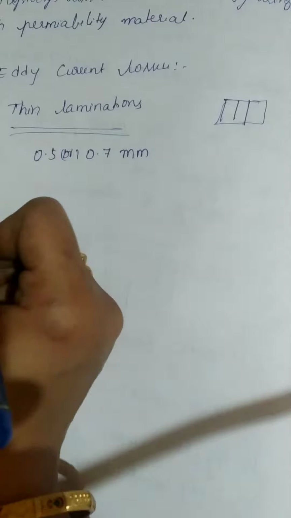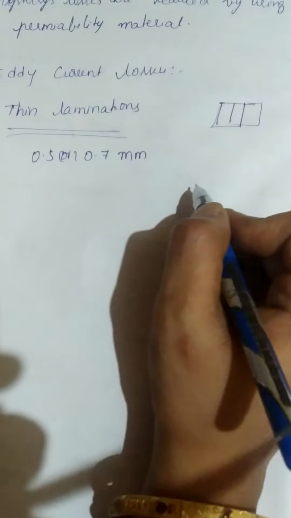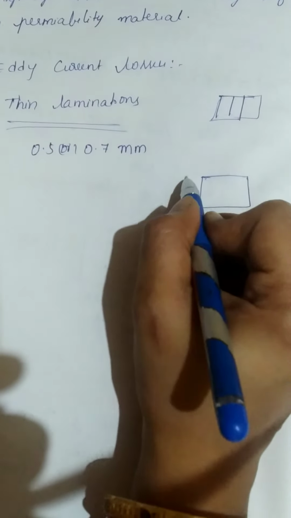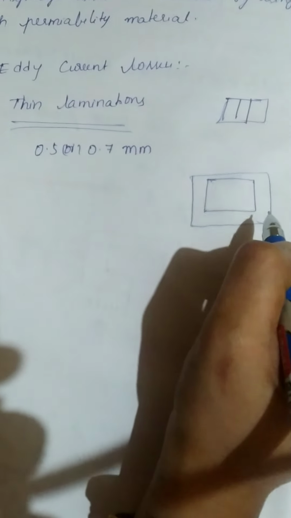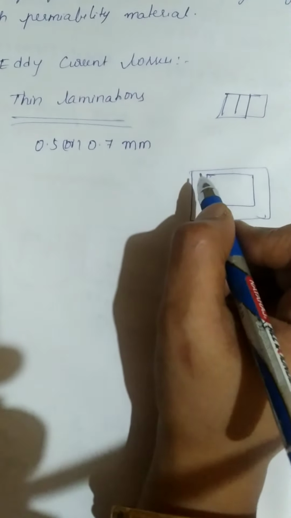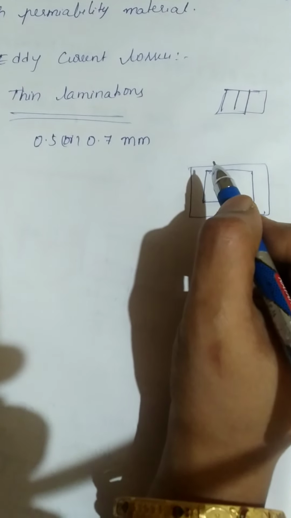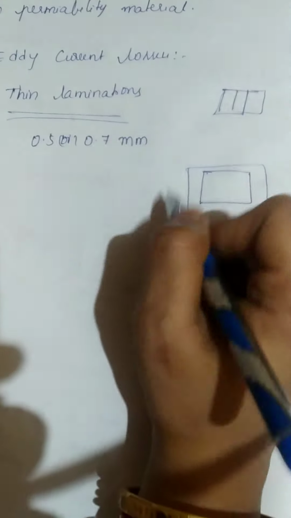Now these thin laminations we can put one over the other to form a strip, and these laminations are insulated from each other by an insulation called varnish. This is a core.